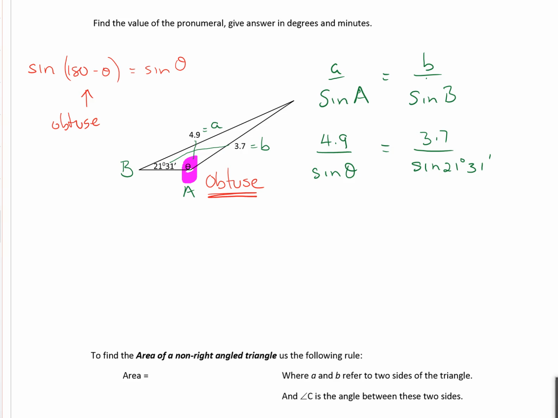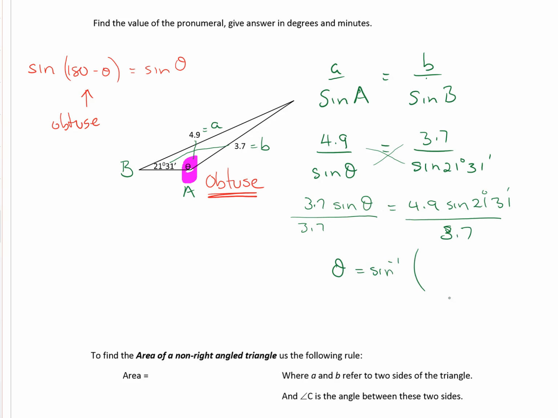To solve this, maybe for many of you, you would cross multiply and you'll get 3.7 sine theta is 4.9 sine 21, 31. And then say, well, actually, I want the sine theta by itself, so we're dividing by 3.7, and then we know that we need to get theta, we need to take the sine inverse.